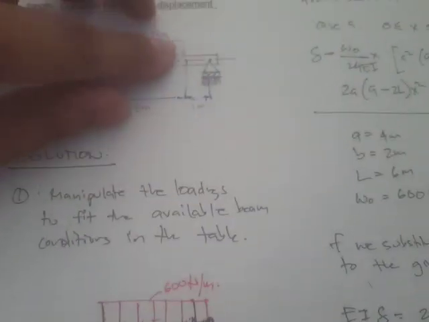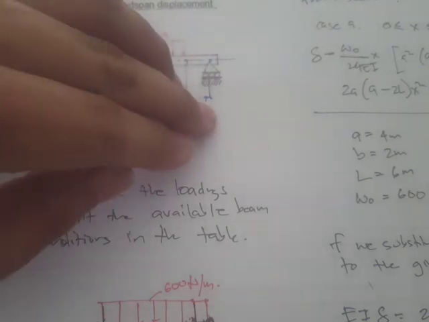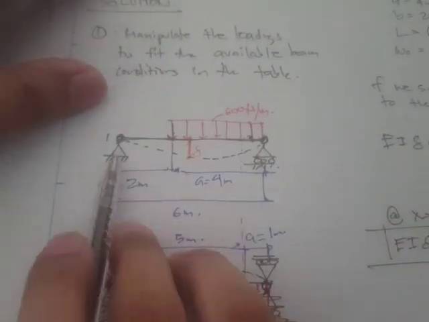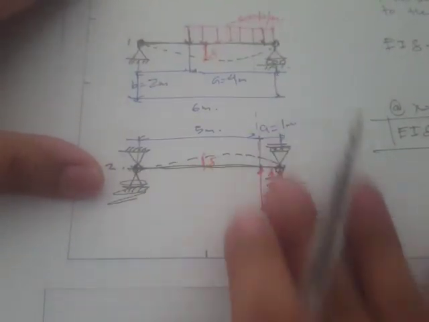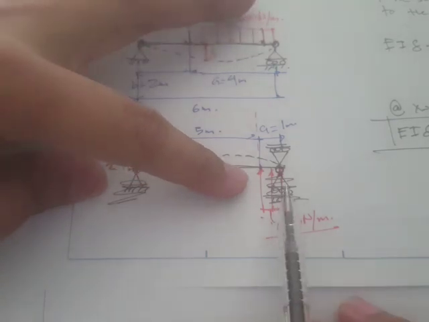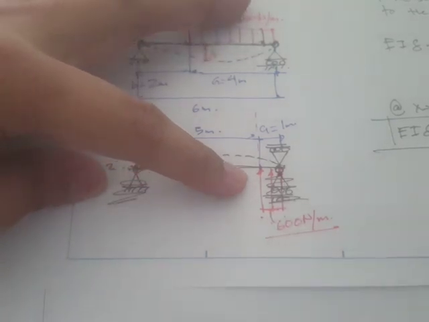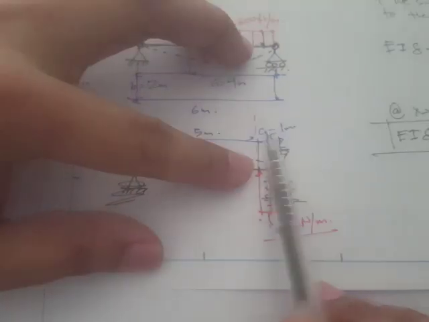What we did is to extend this loading to this roller support, and then we just have to subtract that. Okay, so extend that, and then another beam will be in the opposite direction. Okay, so right here, and the distance is just 1 meter.